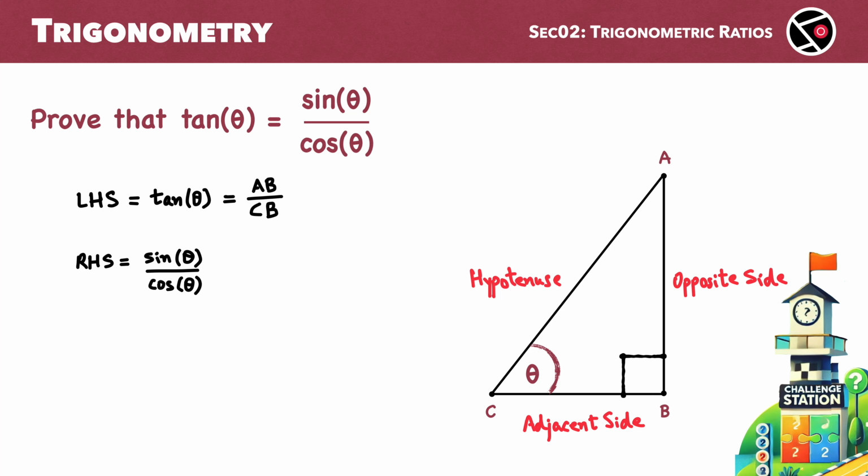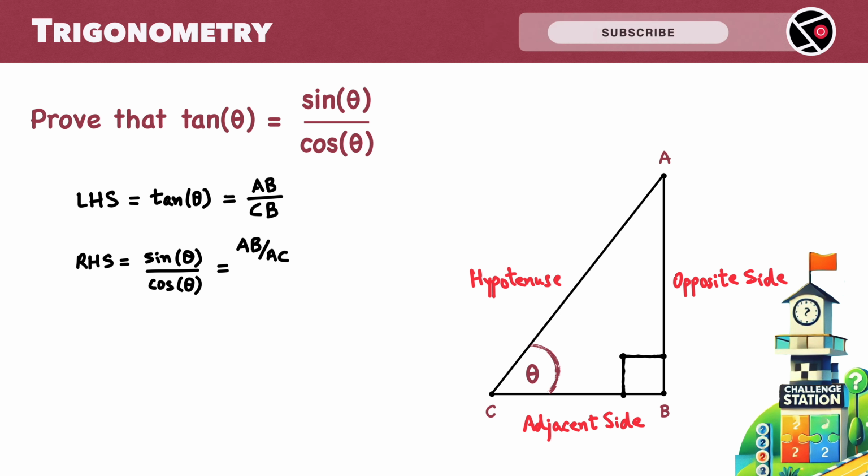Sin theta is the ratio of the opposite side to the hypotenuse, which is AB by AC. While cos theta is the ratio of the adjacent side to the hypotenuse, which is CB by AC.